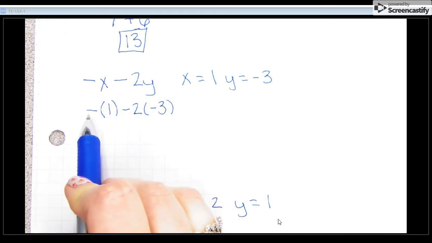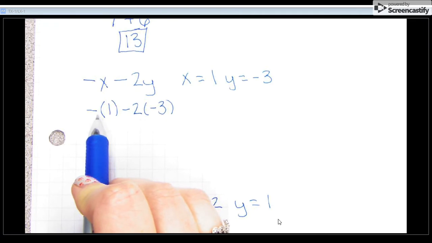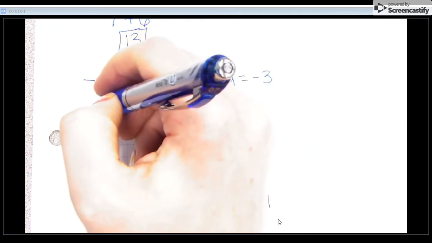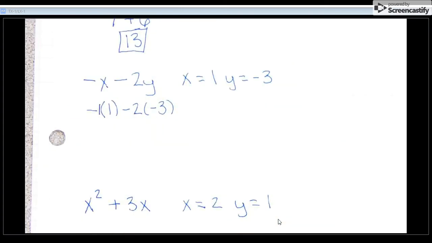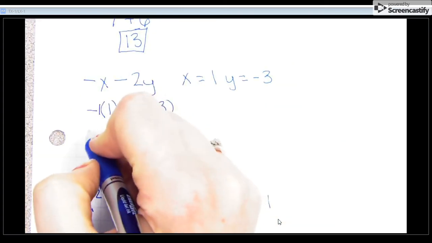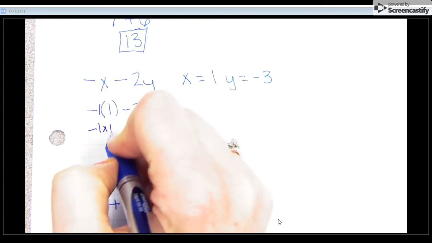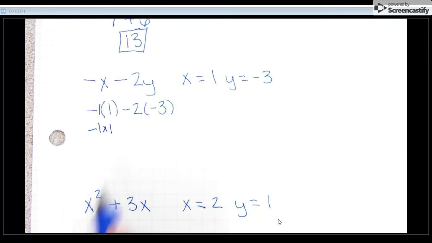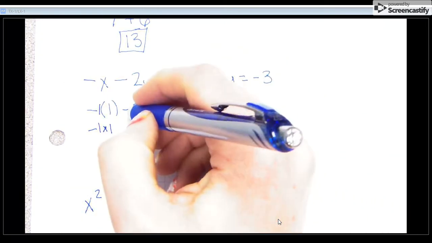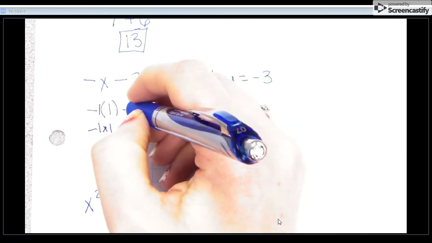When there is a negative right in front of the parentheses with no number in there, I can assume that number is 1. So I have negative 1 times 1. Over here, I'm going to change the subtraction sign to be a positive and make that 2 a negative.